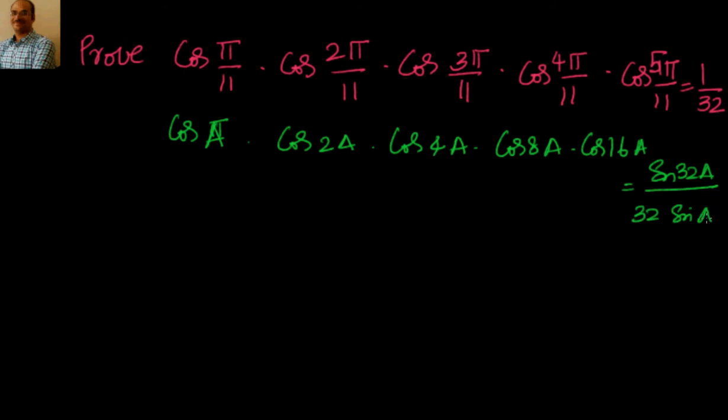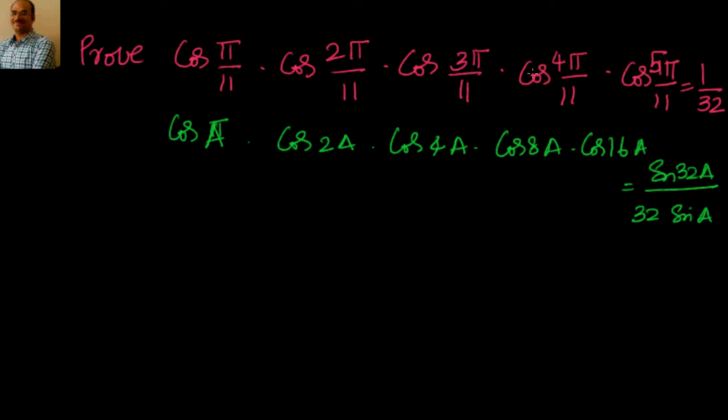If you remember earlier, we had cos a, cos 2a, cos 4a, cos 8a, and what we have proven is sin 16a by 16 sin a. Now we have one more here, so it becomes sin 32a by 32 sin a.